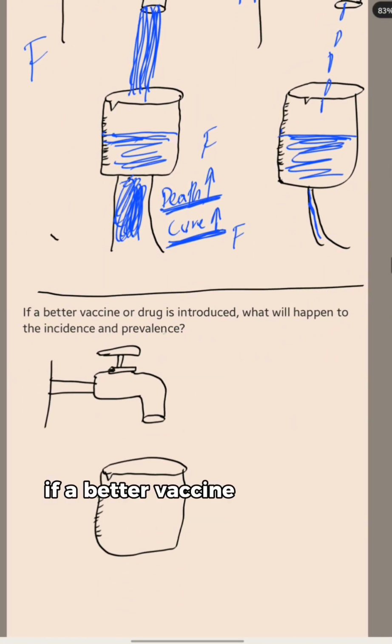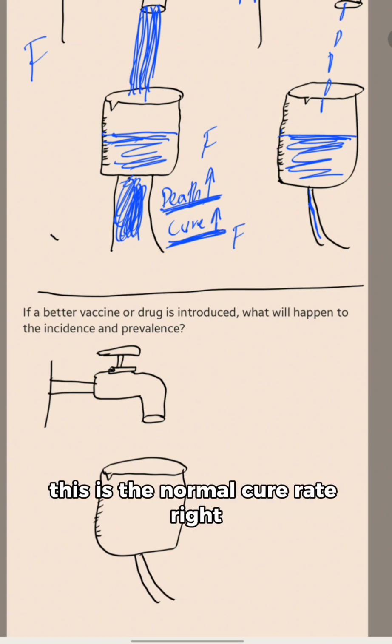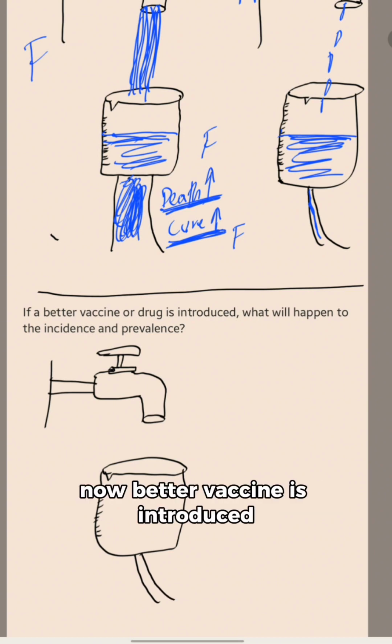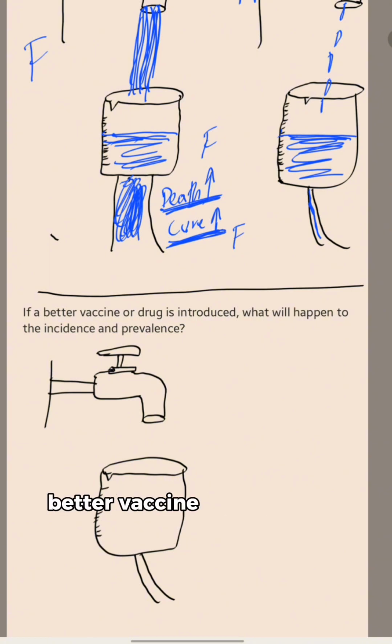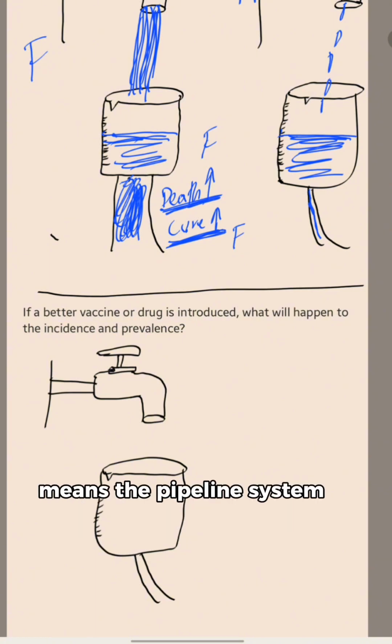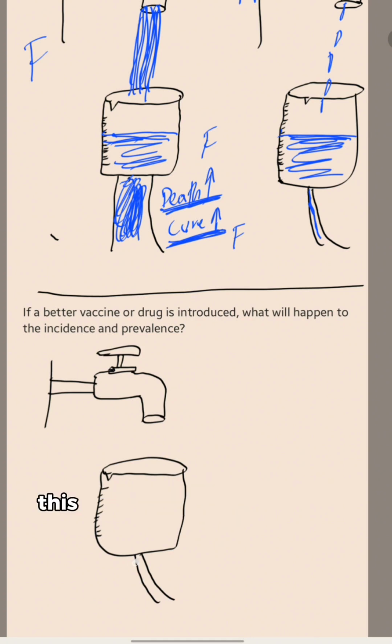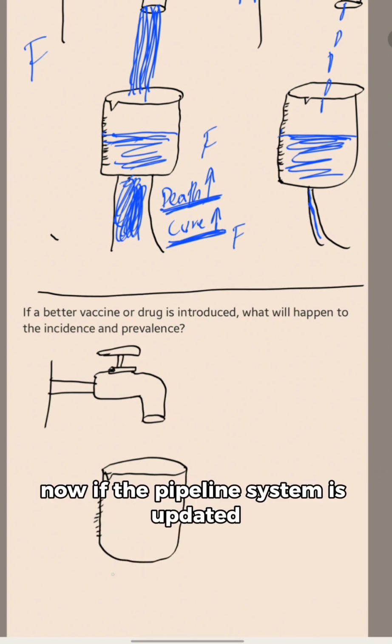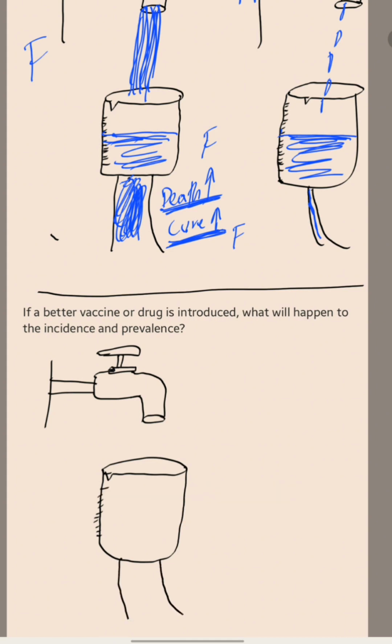If a better vaccine or drug is introduced, what will happen to the incidence? This is the normal cure rate, right? A better vaccine is introduced. What does that mean? Better vaccine is introduced means the pipeline system is upgraded. This was a narrow pipe before. Now, if the pipeline system is upgraded, the pipeline is going to be very big, right?